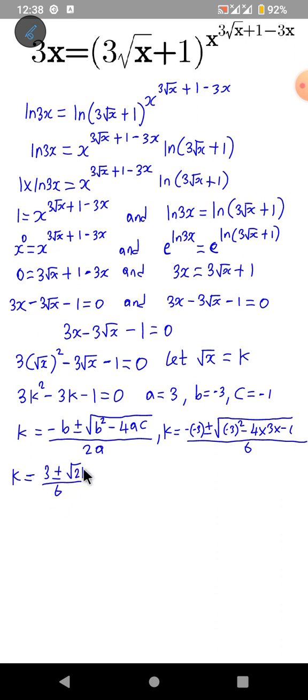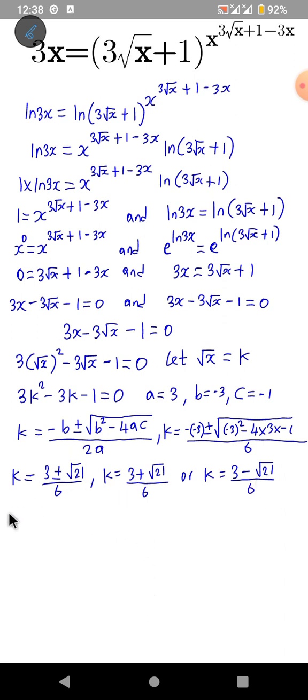So from this expression, I can say that k is equal to 3 plus the square root of 21 all over 6, or k equal to 3 minus the square root of 21 all over 6. Then we continue again.